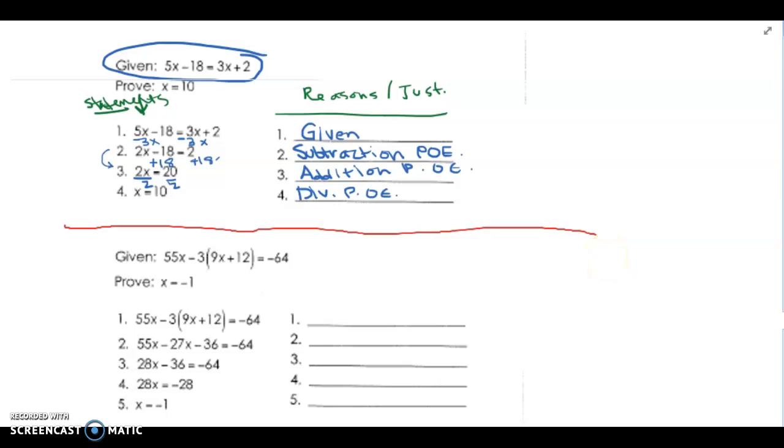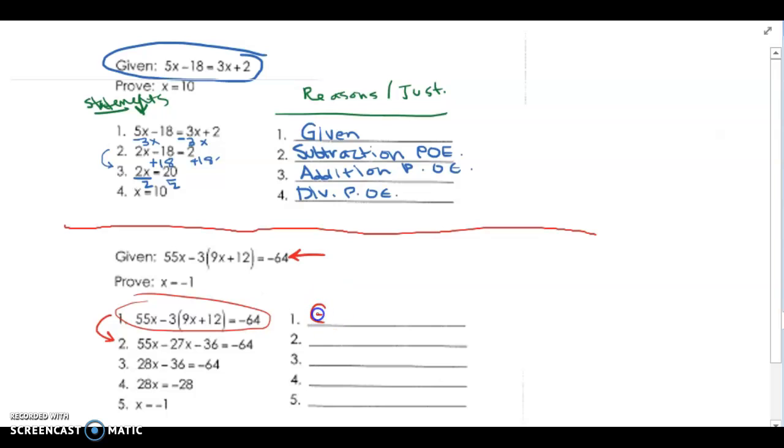All right, let's look at another problem here. So 5x minus 3 times parentheses 9x plus 12 equals negative 24. All right, so once again, the left-hand side is all filled out for us. We need to fill out the right-hand side. So when I look from 1 to 2, actually, where did I get number 1? I skipped the given here.